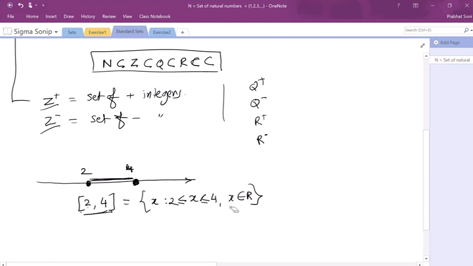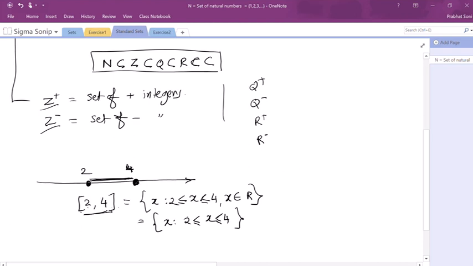So you can write like this, or you can write like this as well. You write it like that, that is enough, because it is assumed that it is a real number.